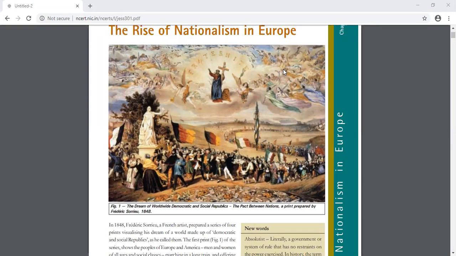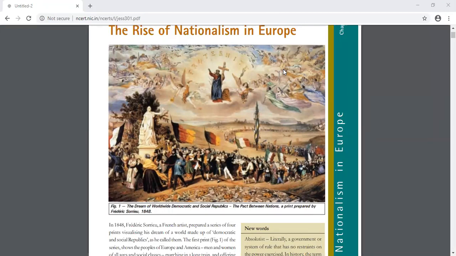The flag they carry is an expression of liberal hopes in 1848 to unify the numerous German speaking principalities, that means different states, into a nation state under a democratic constitution. Following the German people are the peoples of Austria, the kingdom of the two Sicilies, Lombardy, Poland, England, Ireland, Hungary, and Russia.